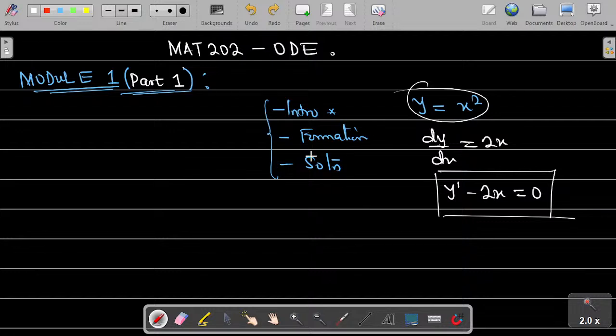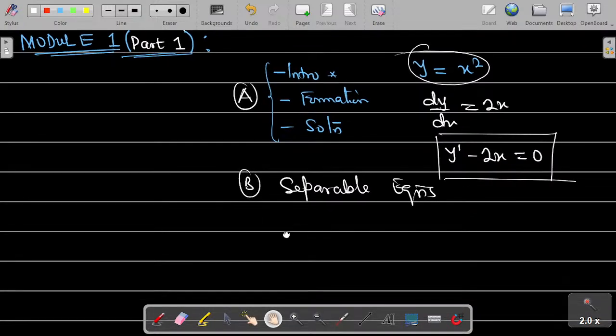So that's what you touch in the first part, and then in the second part you will begin the proper solution of differential equations, and there you are going to meet about 5 different kinds of differential equations and how to solve them. We will see separable equations, or maybe 5 or more than that.